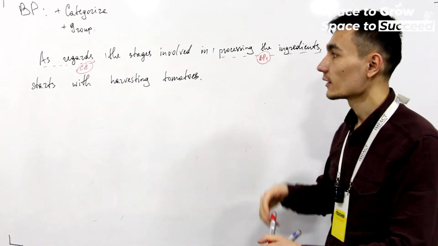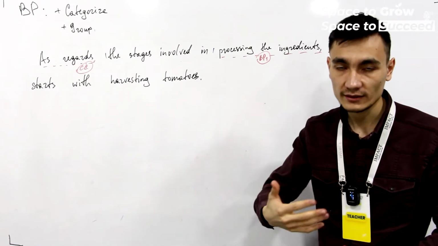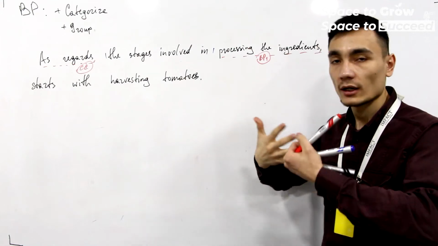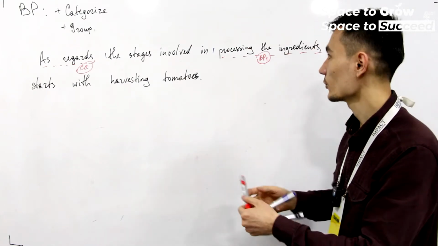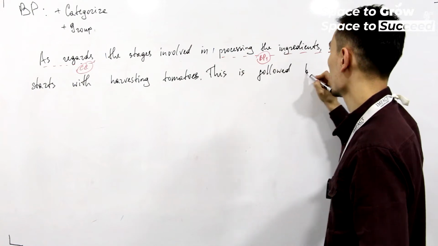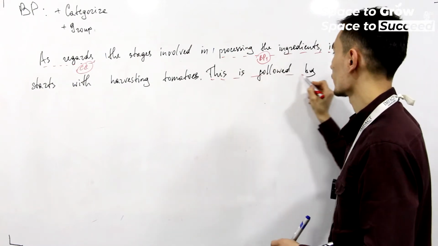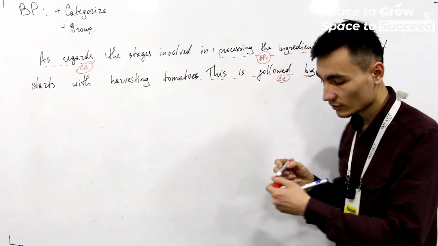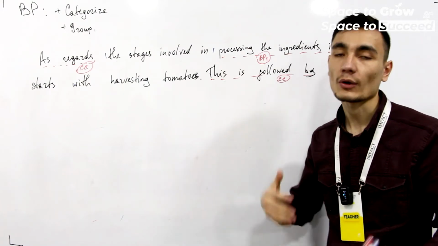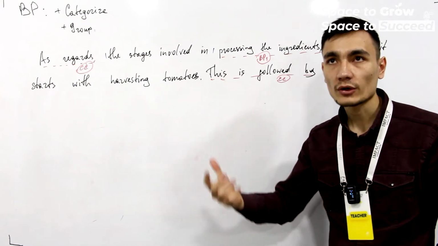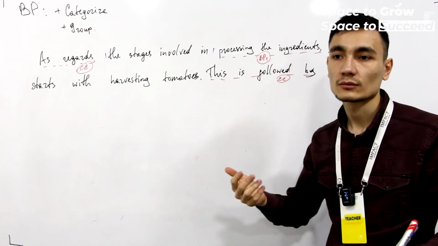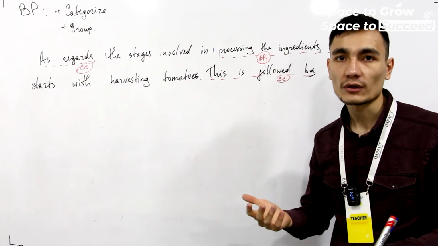We have to give the next stage and the next step, and we have to use linkers to connect the sentences, and we use "this is followed by". So as you see, we are using "followed by" to increase coherence and cohesion level. Then they wrote sorting them into good and bad ones, so we have to paraphrase it too. We can say separate, categorize, different words.